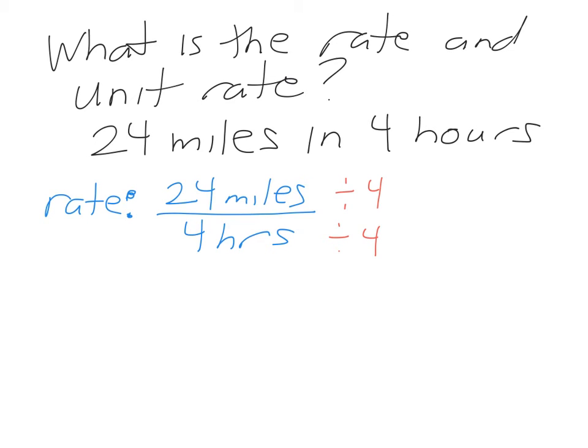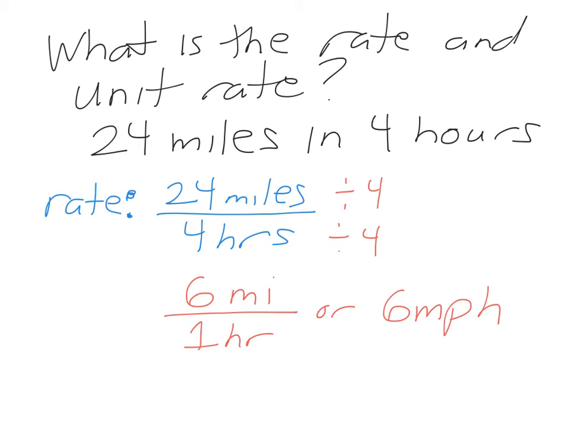So I would have gotten, let's see, 24 divided by 4 gives me 6 miles per 1 hour, or 6 miles per hour. That's one way I could write it. I could write it 6 miles per hour. That would be another way I could write it. So that is the unit rate. How many of you got that right? Good. Glad to hear that.